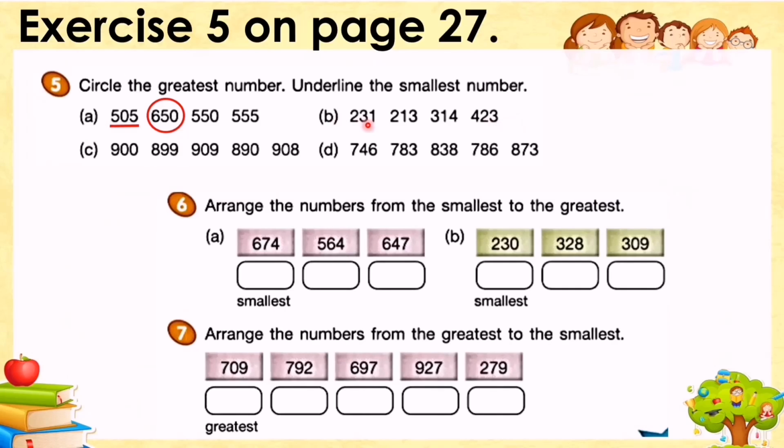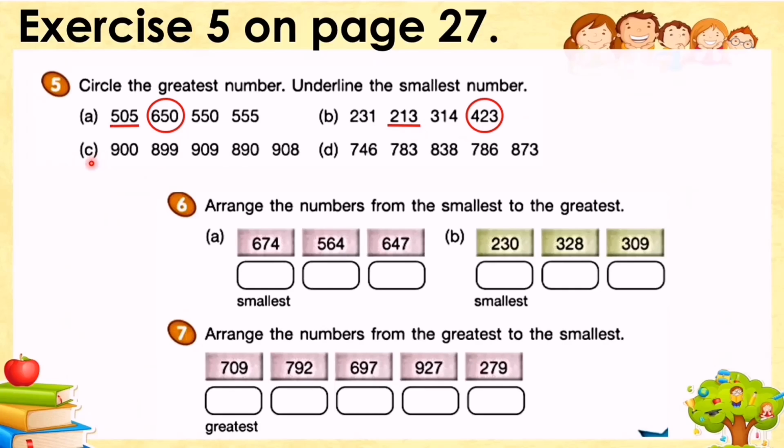Which is the greatest number? Okay, the greatest number there is 423, so you will circle. And the smallest number is 213, so you will underline.